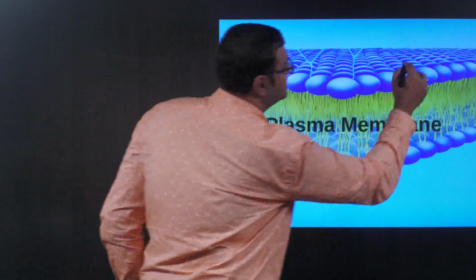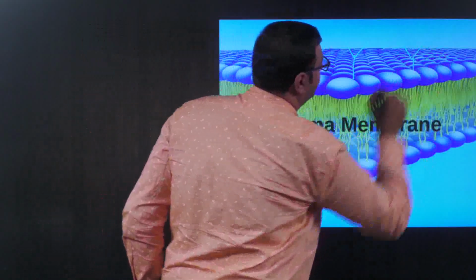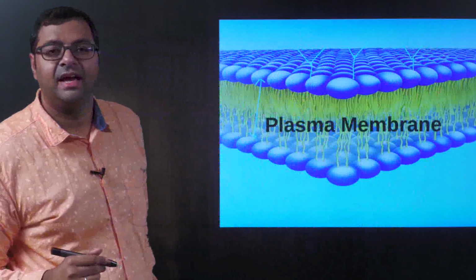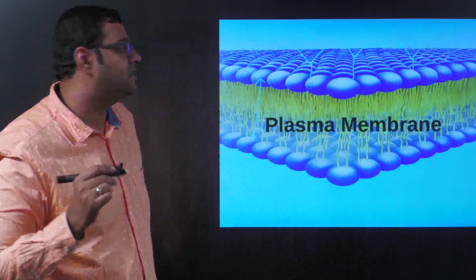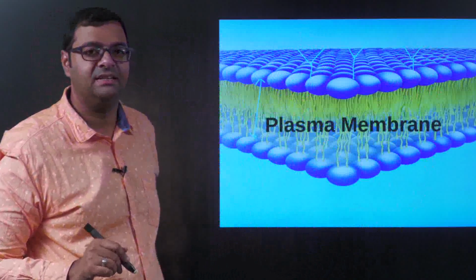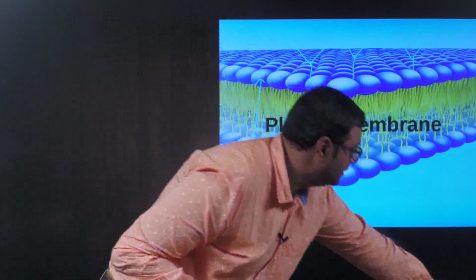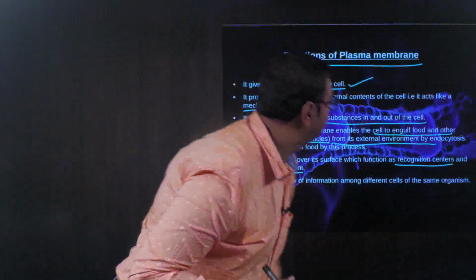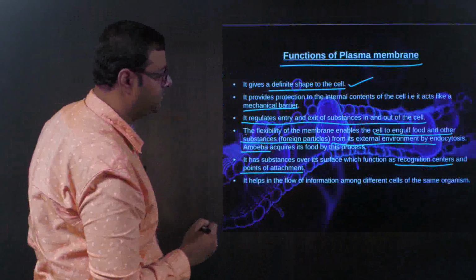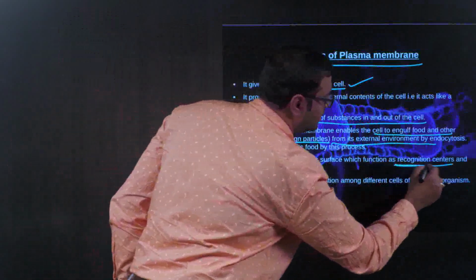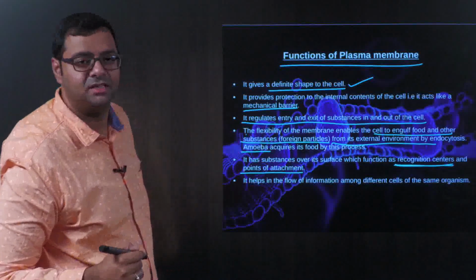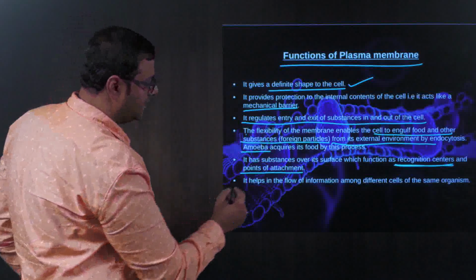These receptors help in recognition. They recognize and then decide whether to allow that particular material inside the cell or not. So these are the recognition centers which I just showed you. Now then, the next one.